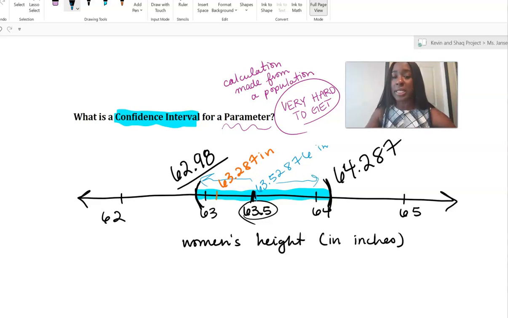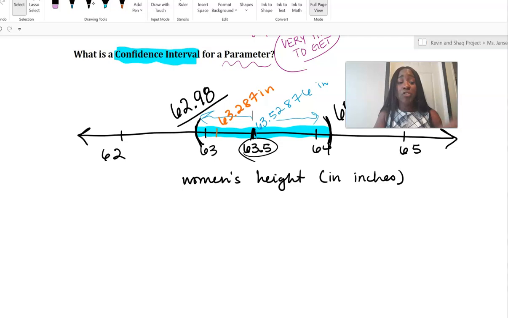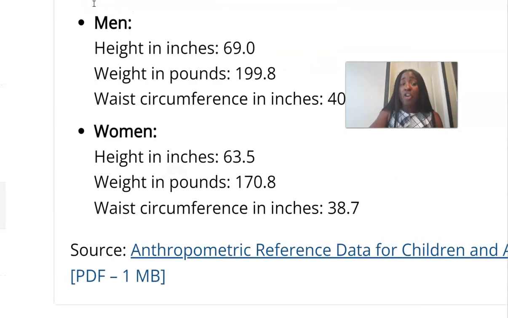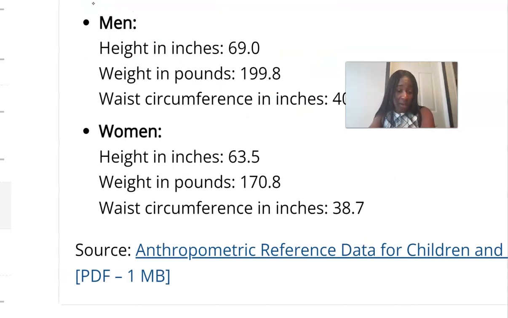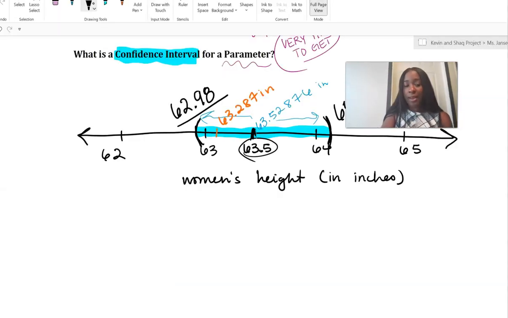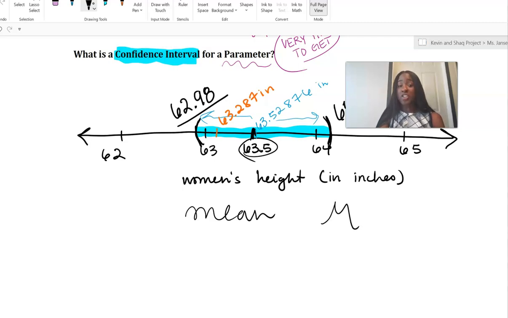So we just looked at an example of finding a confidence interval for a mean. Because remember, that 63.5 was the alleged average height of women in America. This is for a mean. So I just gave an example of finding a confidence interval for mu, the population parameter. Remember, we use Greek symbols for population data.